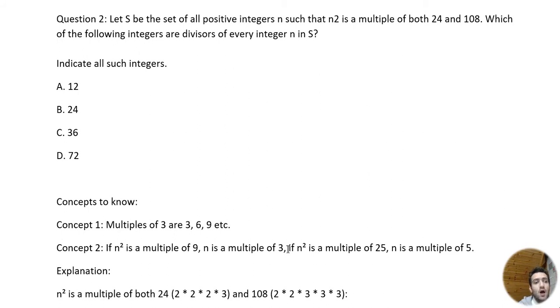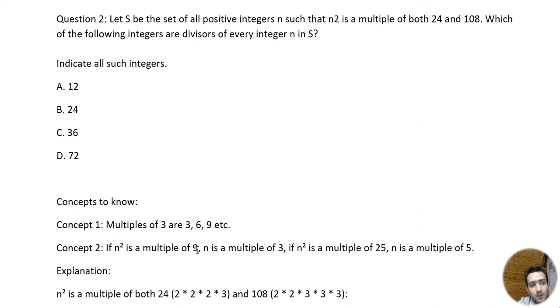Multiples of 3 are 6, 9, 12, and so on. But the multiples of 3 squared are fewer, for example 9, 18, 27, and so on.